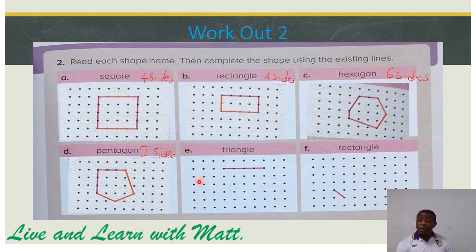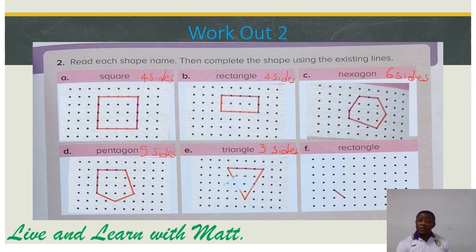Now triangle, part E. Triangle, 3 sides. So complete that to be 3 sides. So we have something like this. Now part F, rectangle.